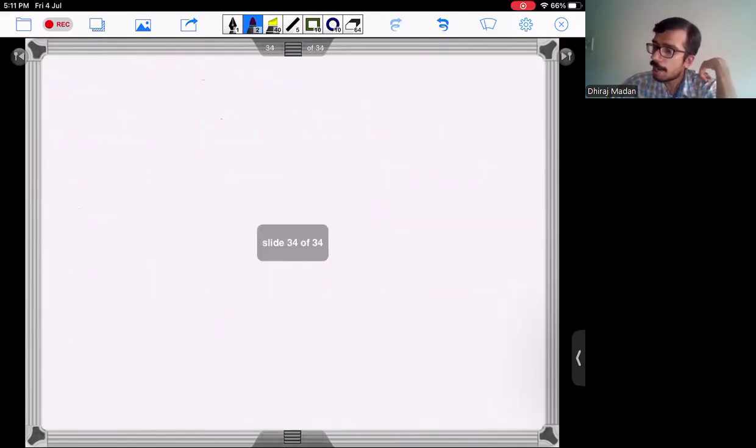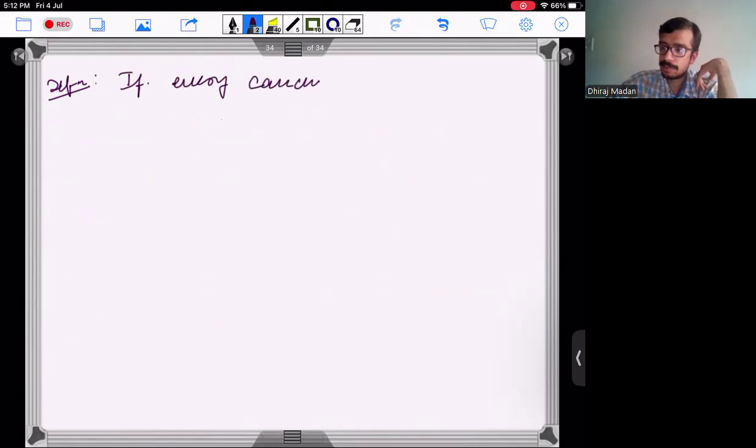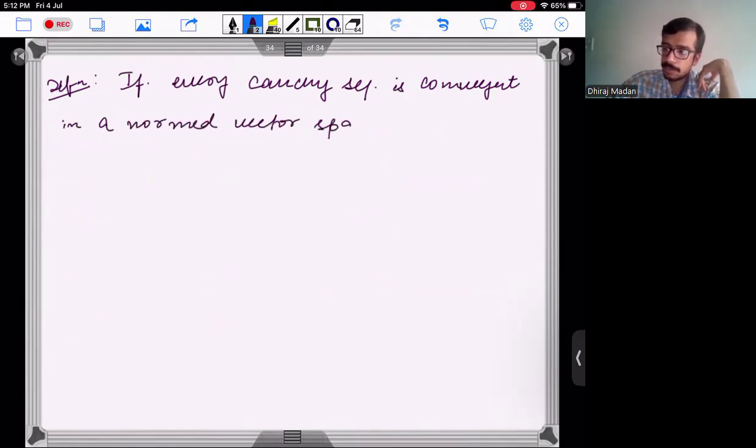And we also have a definition that if every Cauchy sequence is convergent in a normed vector space, then it is called a Banach space.